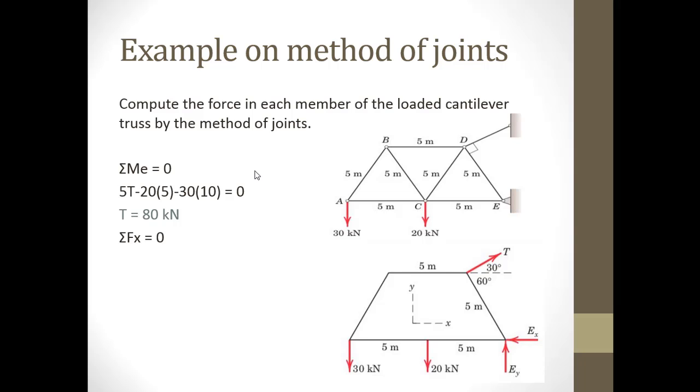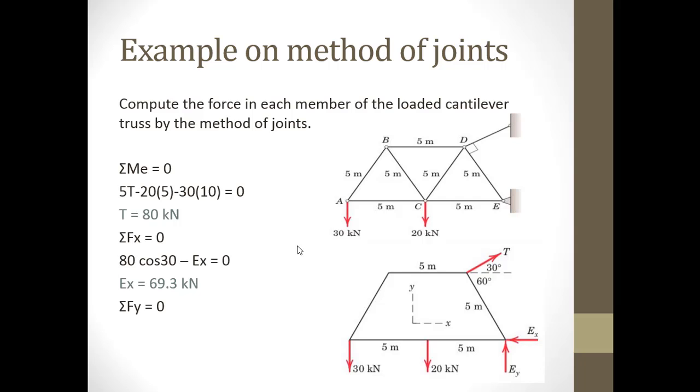Then I'm going to take the sum of Fx to find Ex: 80 cosine 30, which is this one, minus Ex is equal to 0. Then Ex is 69.3 kilonewton.